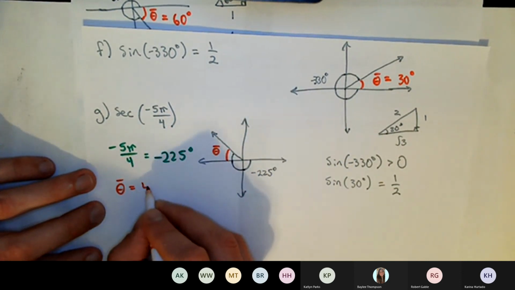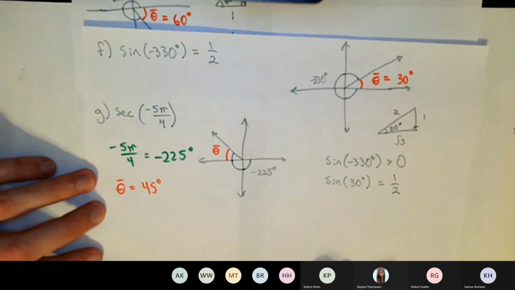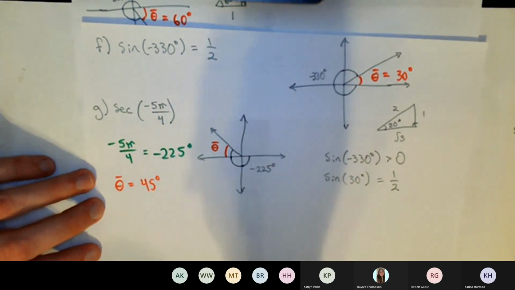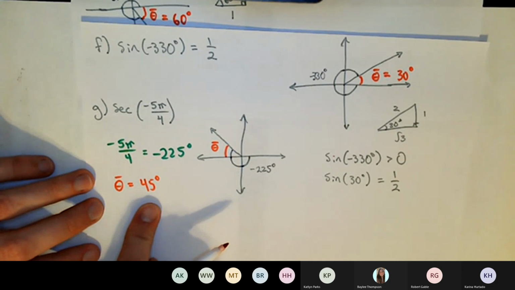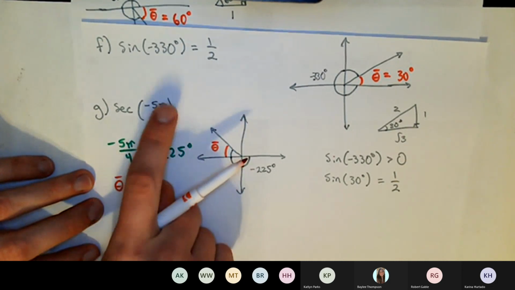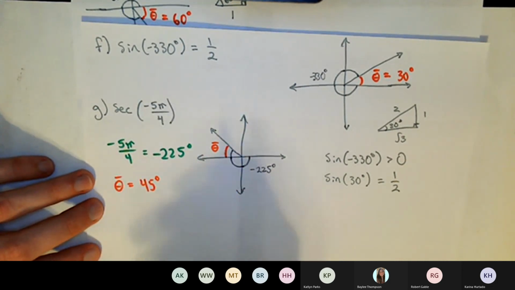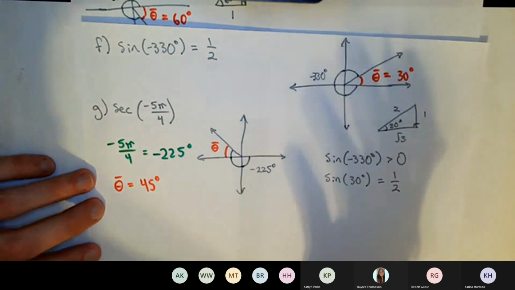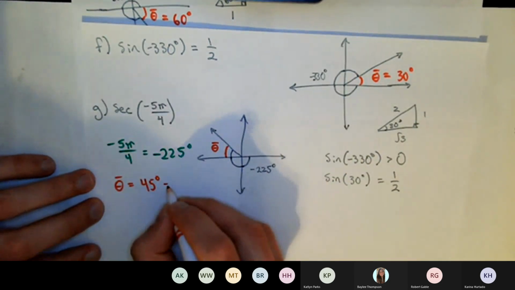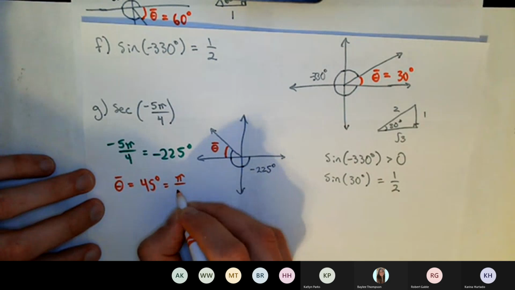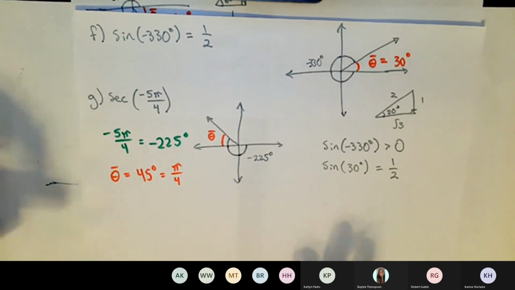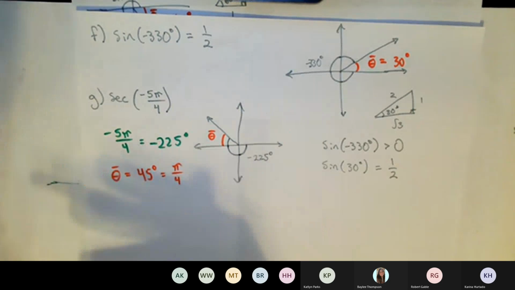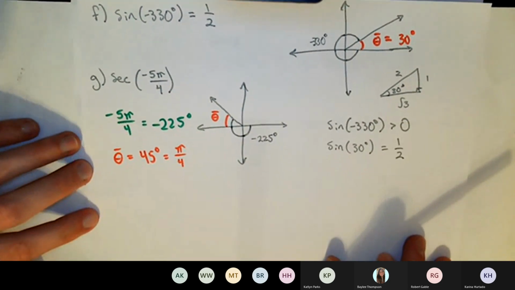So my reference angle is going to be 45 degrees, but we should really, it's okay to change things into degrees as an intermediate step, but you should really stick with however that angle was given in the problem. So in other words, my reference angle should be pi on 4. I'm going to do that just to make you guys more comfortable with the radians here.